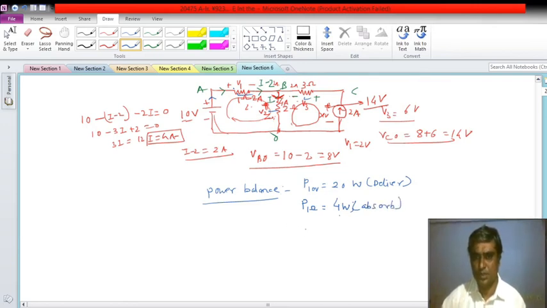Then power absorbed by the 2 ohm resistor will be how much? How much is the voltage? That is 8, and how much is the current flowing? It is 4, correct? So 8 into 4 is 32 watt. So again it will absorb.